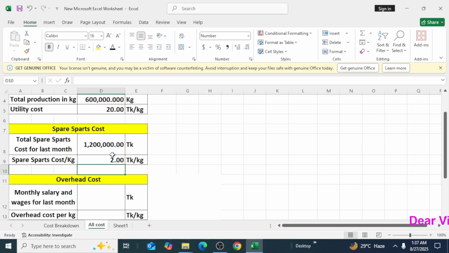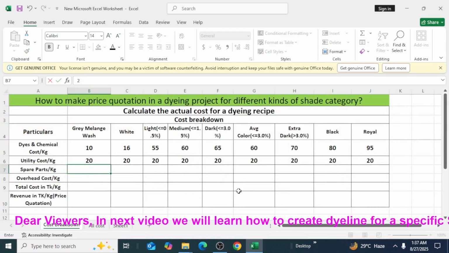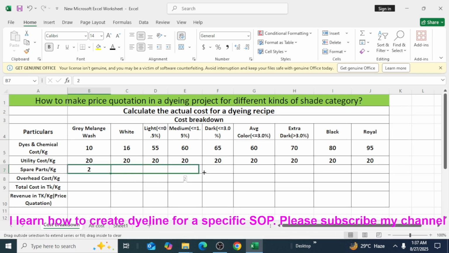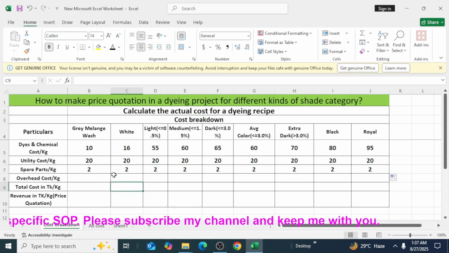That means 2 taka per kg. Write down 2 taka per kg for each category. That means for each category your spare parts cost per kg is 2 taka.